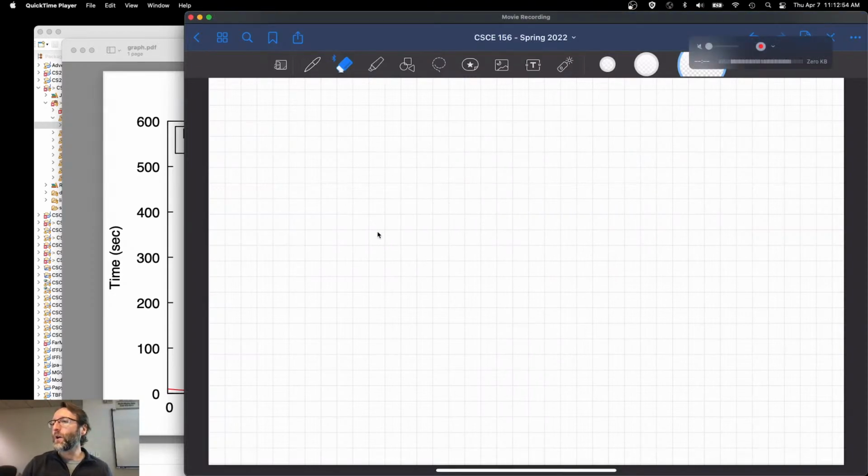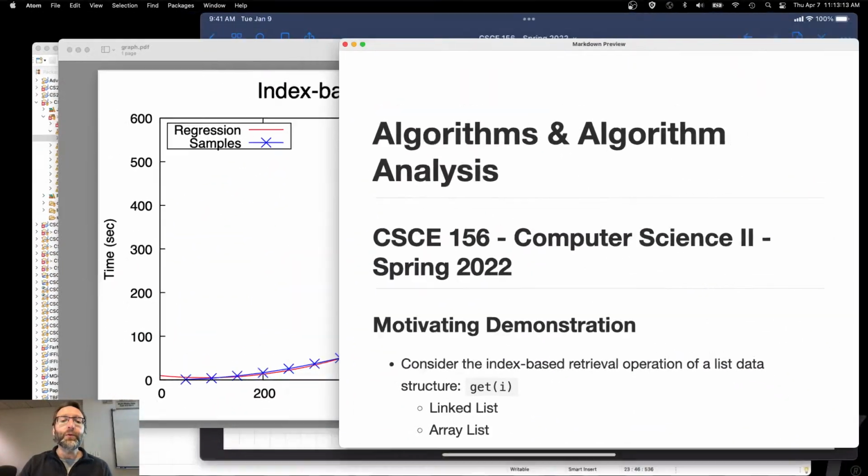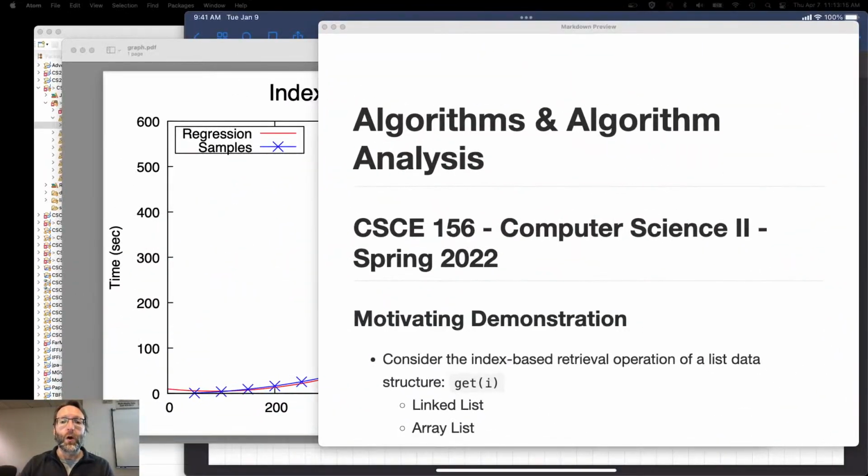So we have some theoretical basis for thinking that the behavior of this code that we just wrote is going to have some sort of quadratic behavior. And then I ran this experiment and got some empirical data that matches that. So those two things kind of reconcile with each other. Now let's put that into perspective. Why is this happening?